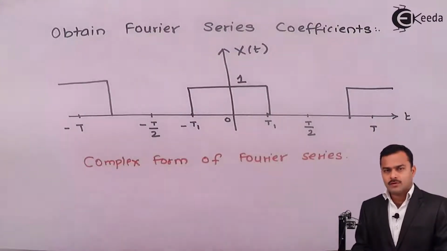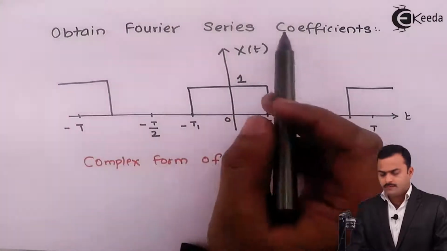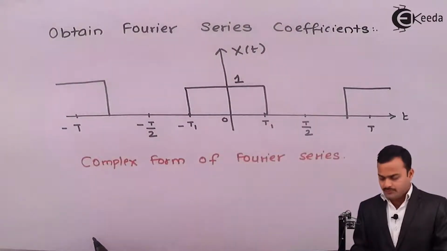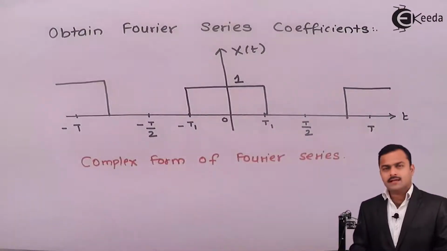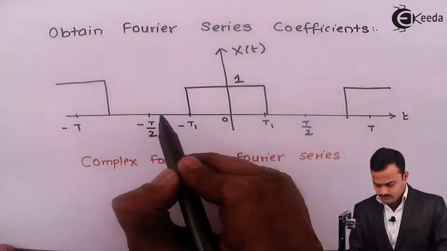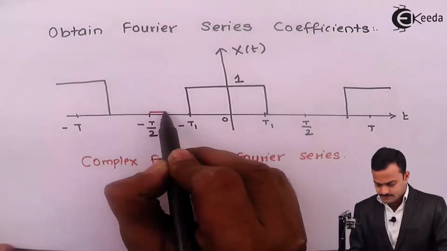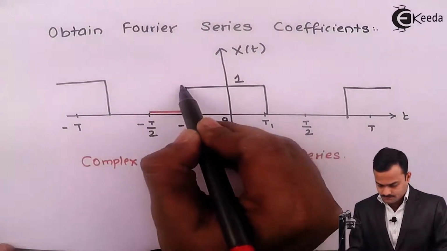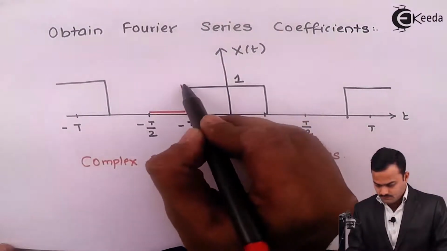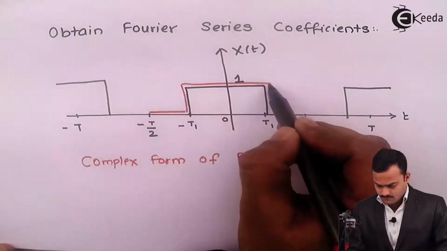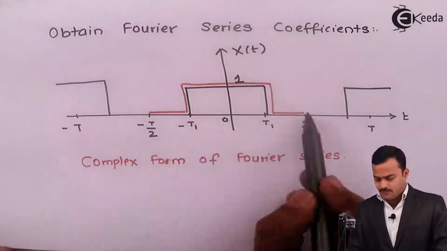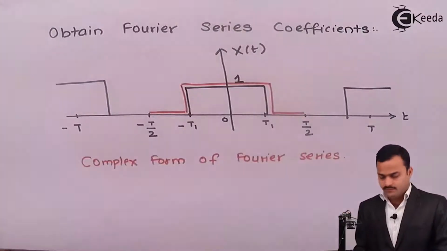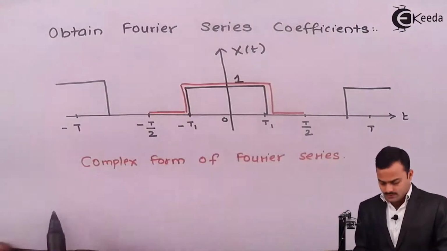In a complex form also we need to get a coefficient, and that coefficient is obtained if you decide a one cycle of the waveform. So one cycle in this particular waveform will be like this, because this particular part is repeating itself. So let's take down this one cycle.